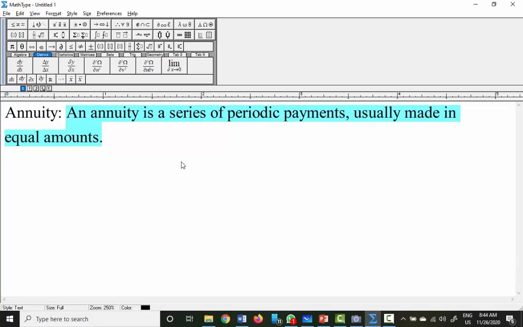For example, if your mom is depositing 500 taka at the end of each month for 10 years, this is an annuity.